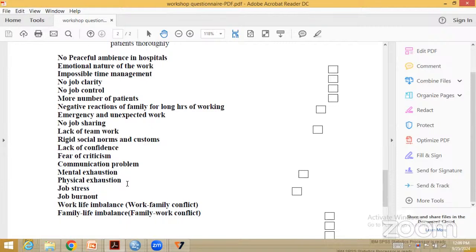Question number 12 has two categories: the first category, government hospital, the second category, private hospital. Which is the most dominant factor which creates job stress for the gynecologist working in a government hospital and the gynecologist working in a private hospital? So question number 12 must be connected to these variables.